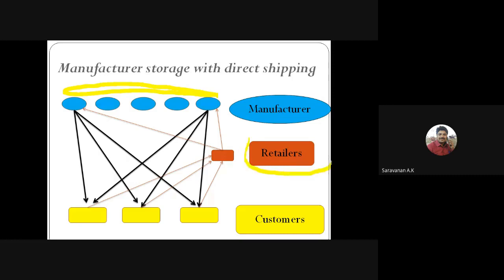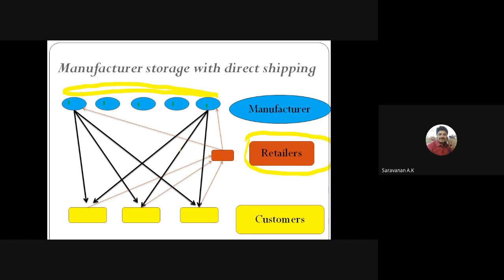This color indicates the retailer. So here it is manufacturer 1, 2, 3, 4, 5, and n number of manufacturers, and plenty of customers, and the customers and the manufacturers will be connected through dealers, the retailers.